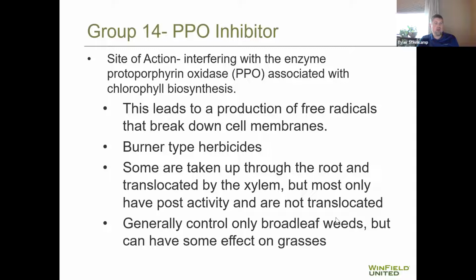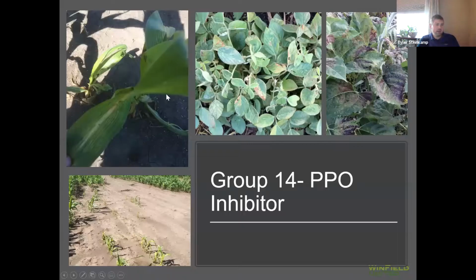Generally, these do have better control on broadleaf weeds, but we can have some effect on grasses. So for example, corn, I'm sure you guys have seen this before. You get this venoclerosis on the plant. This is actually from a complaint call that I went on a couple years ago.